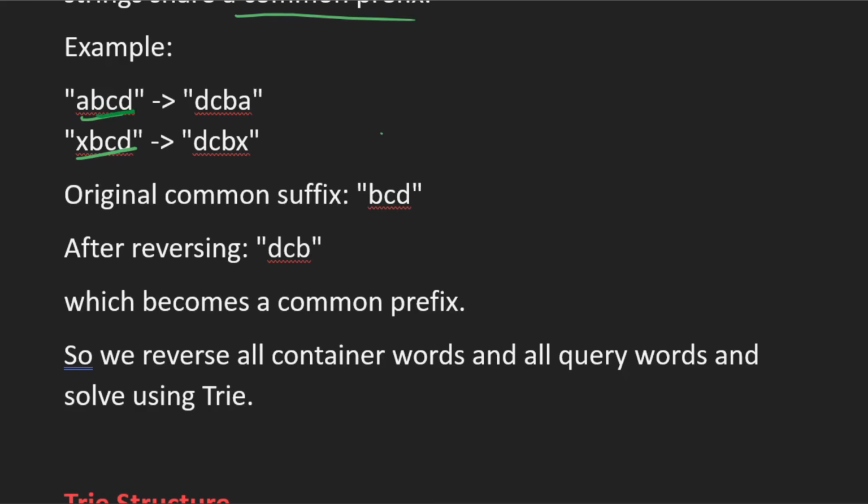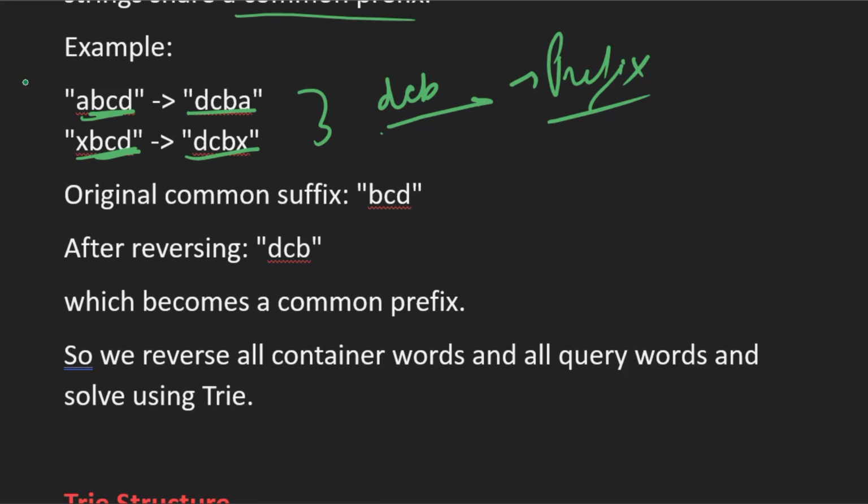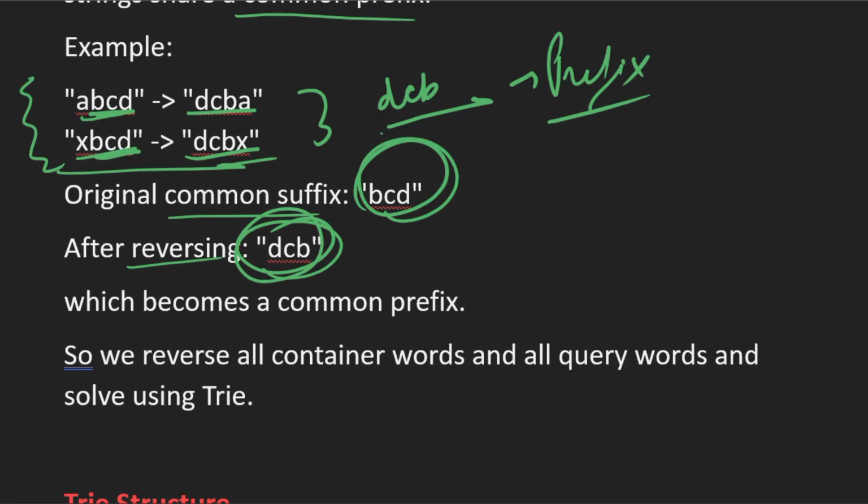The suffix here is bcd, and here also bcd. So when we reverse them, they again share dcb as the common prefix. The goal of showing this example is that on reversing, strings that earlier had a common suffix still have a common prefix of the same length, right?